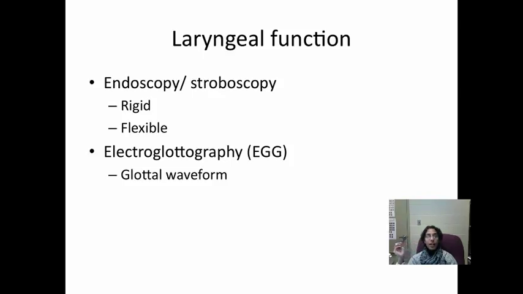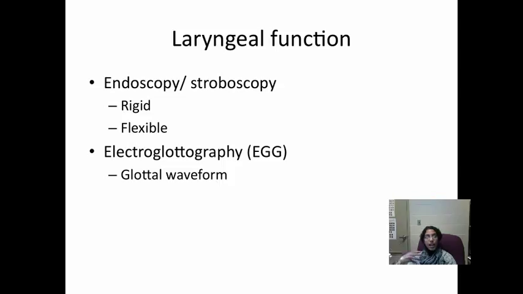What are some of the measures to understand laryngeal function? To visualize the vocal folds, you will use video stroboscopy, flexible or rigid. Stroboscopy gives you a clear representation of the vocal folds. An endoscope gives just gross information about the vocal folds, not the fine motor control.